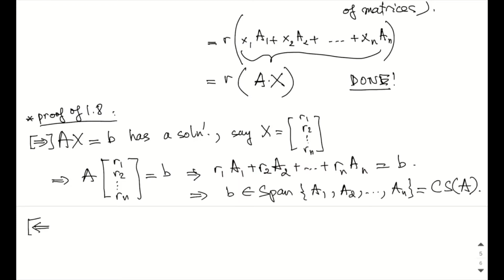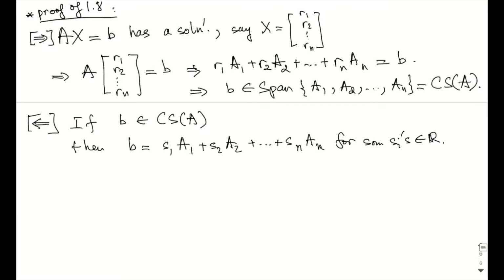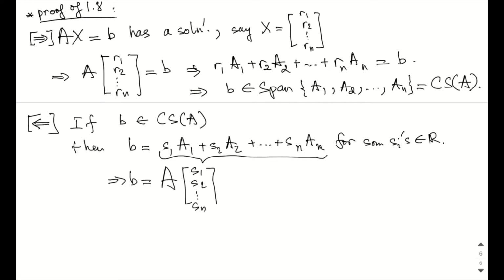Conversely, if we know that B is in the column space of A, then that means that B will have to be a linear combination of the columns of A. But this is the same as writing B equal to this linear combination. Now, this linear combination is in fact the same as multiplying the matrix A with the column vector S1, S2, Sn.